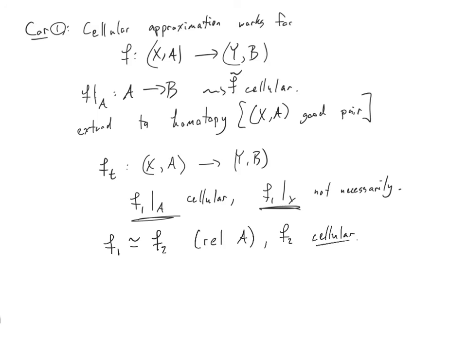And then that map by inspection is still mapping A to B, so F2 is now a map of pairs X, A to Y, B, and it's cellular. And that's our proof. Should have labeled this. Say proof. Let's put a box at the end. Okay, so that's the first corollary you can get.